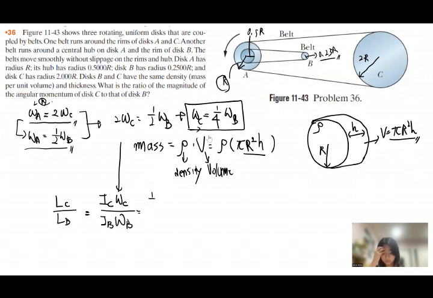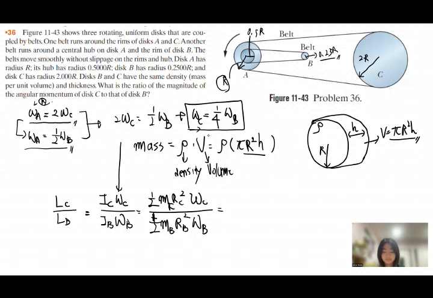So I_C is 1/2 M_C R_C squared omega C, and the moment of inertia of the disk B is 1/2 M_B, the mass of the disk B, times R_B squared omega B, right? Now we try to find the ratio between those two angular momenta of the disk B and C connected by this belt.